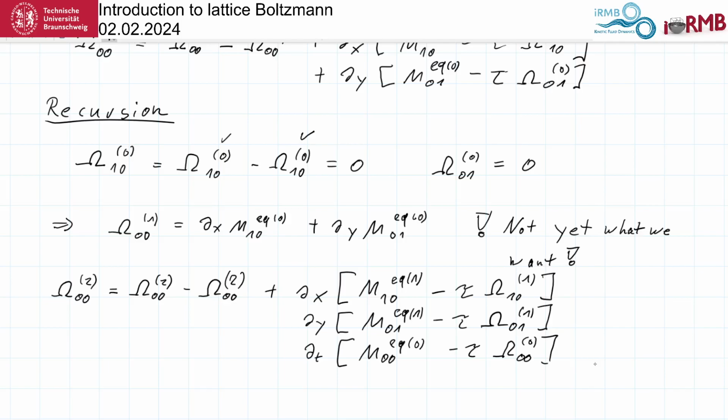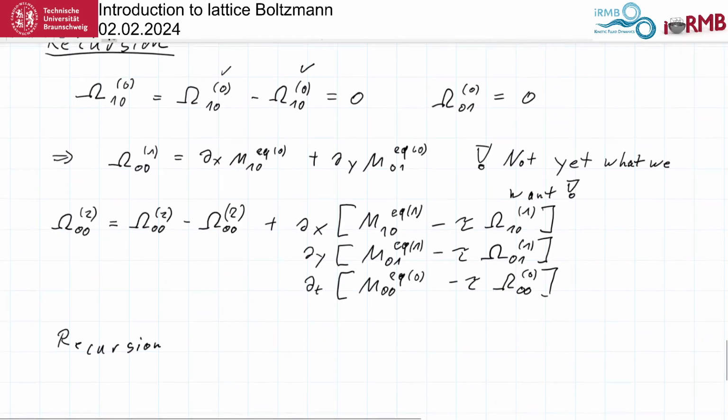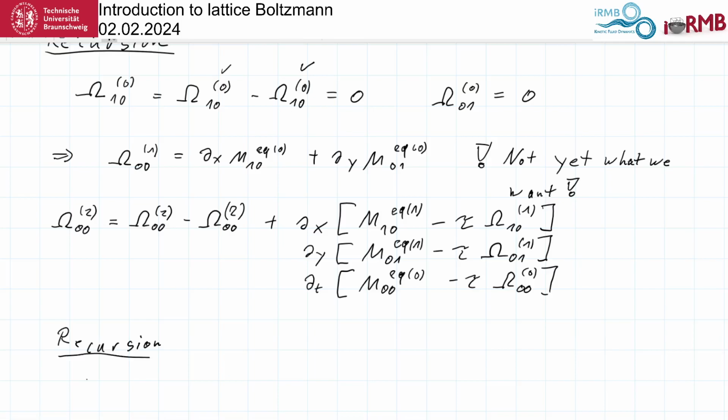So from this we know that it is 0, but for the other two we don't know what they are. So what we're going to do is we use recursion again, and ask what is omega 10 to first order now.